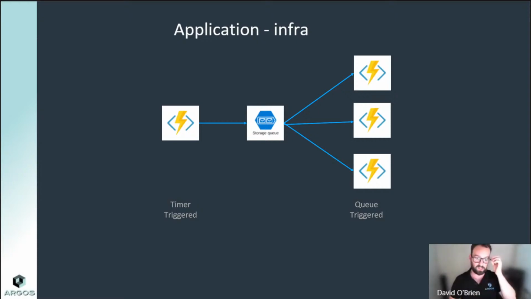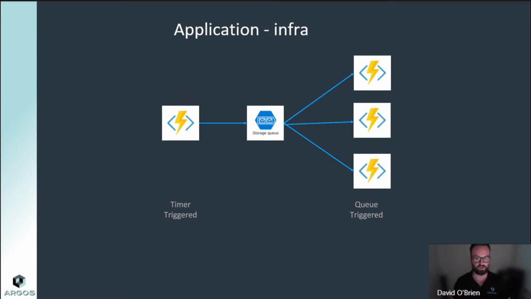The way it works is our main function runs on a timer trigger. It runs every X seconds, pretty much real time. It goes to the database, figures out what needs to happen, and then for everything that needs to happen, it puts a message onto the storage queue.